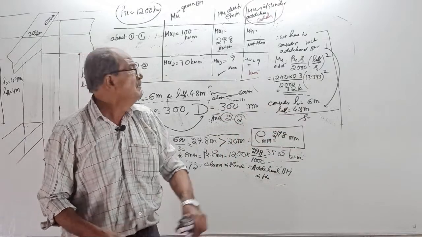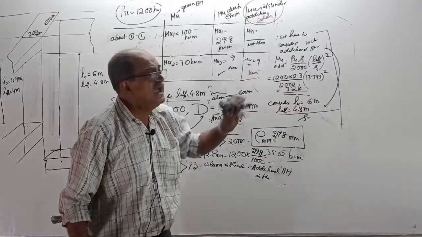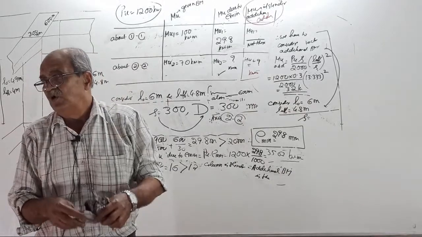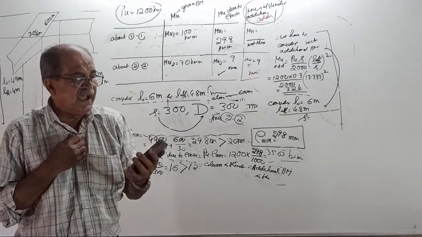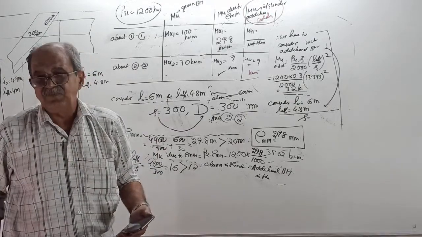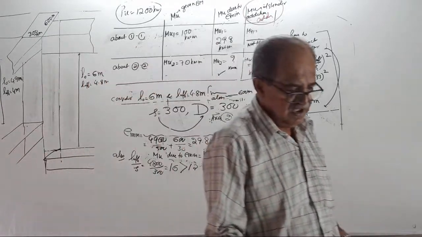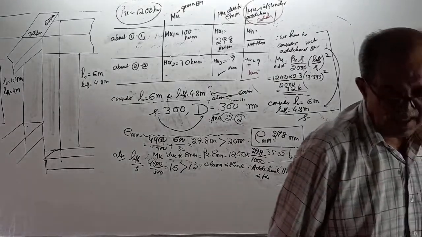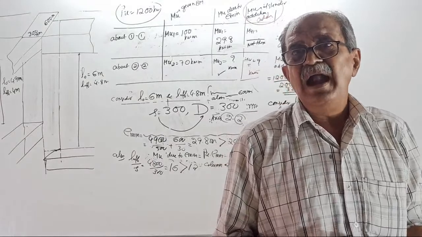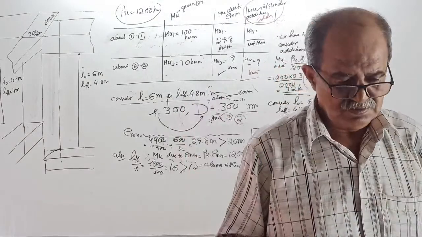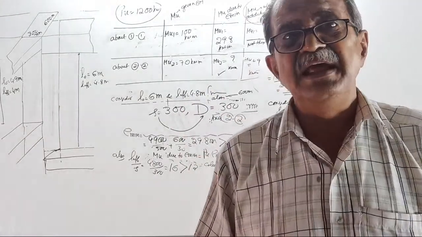Find the additional BM in the same way, the numbers will change. Okay, start. I'll give a 5 minutes break. After 5 minutes, I'll continue. You calculate both, then you are ready for design. Have your IS code and SP16 ready with you.